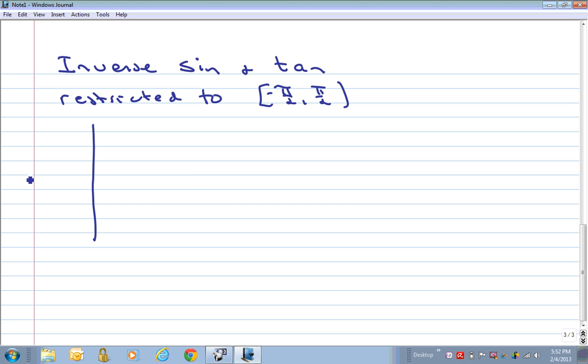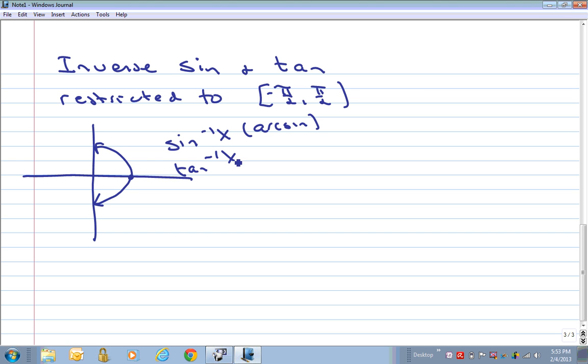I draw my little axis and I think about it. It can rotate from 0 to pi over 2, and it can go from 0 to negative pi over 2. So this is both for inverse sine, which I'm going to denote with a little negative 1 x, which can be read as arc sine as well, or for tan, inverse tan x, which is arc tan. So that's the restriction for sine and tan.